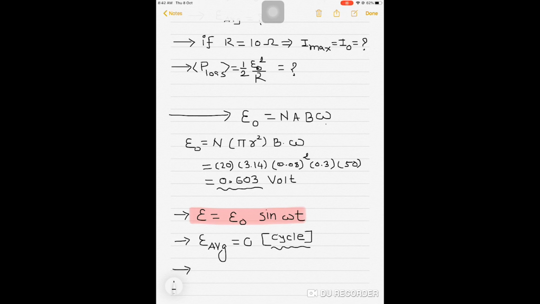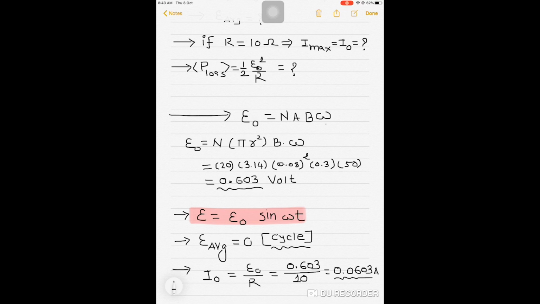So if we are given resistance as 10 ohm, I can say that maximum current is equal to maximum EMF over R, that is E0, 0.603 that we have developed over here, and that resistance R is 10, that is given over here. So ultimately we can give it as 0.0603. So that will be the total current passing through the circuit.